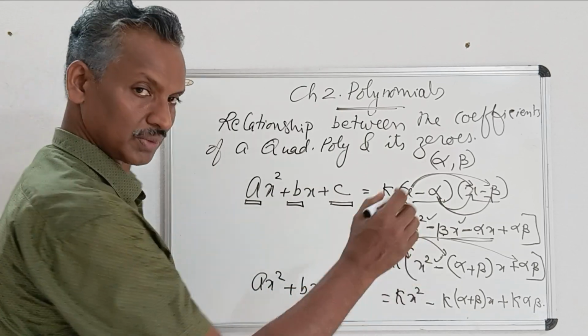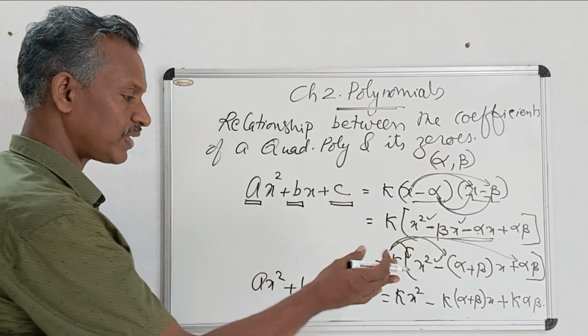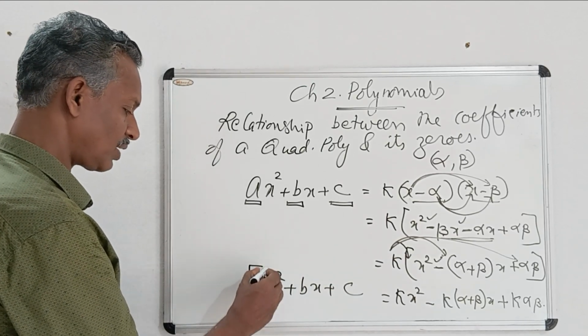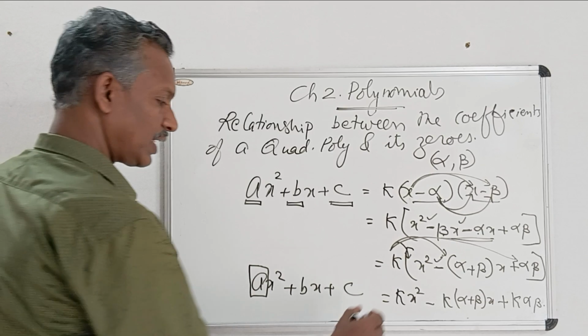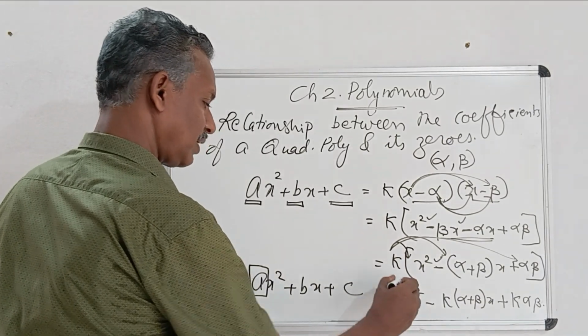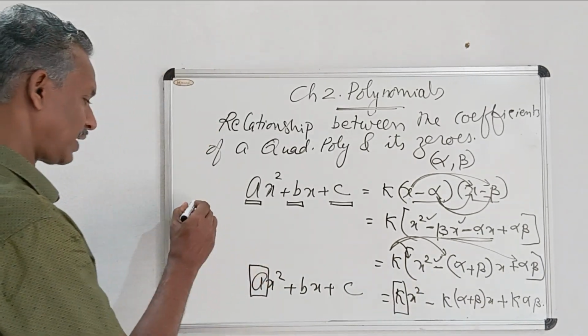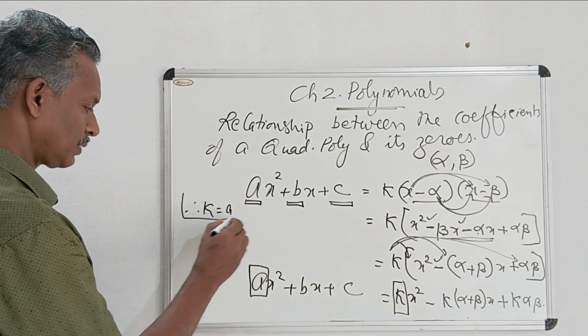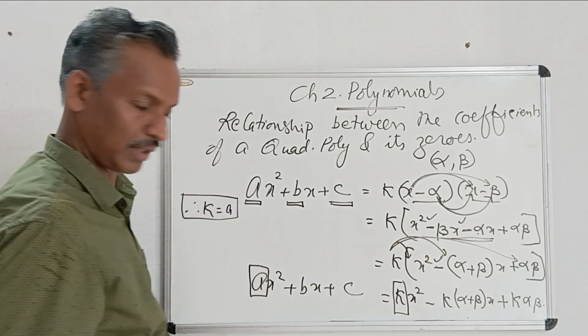Now you compare left side and right side's coefficients. What is with x square on the left side? It is a. What is with x square on the right side? It is k. So we can write k is equal to a.